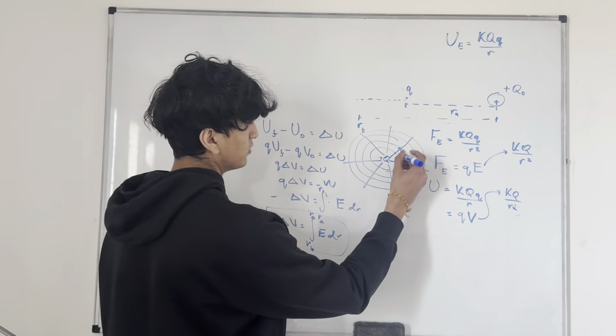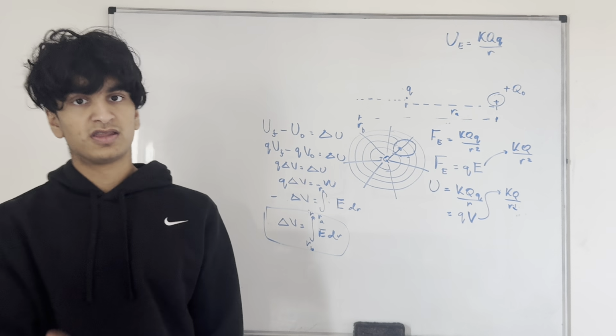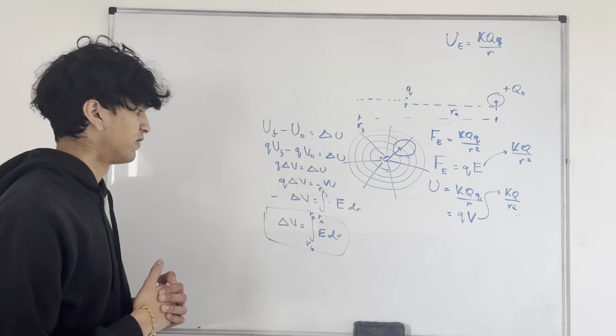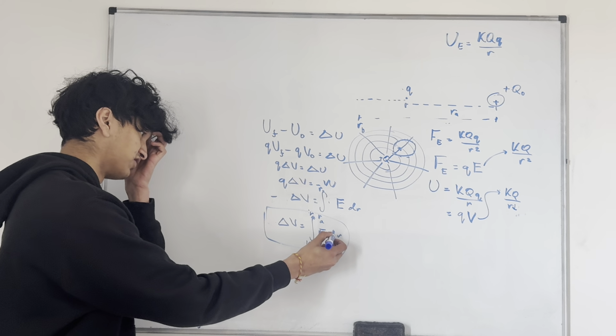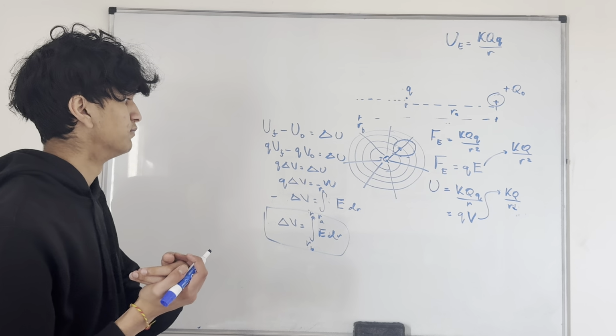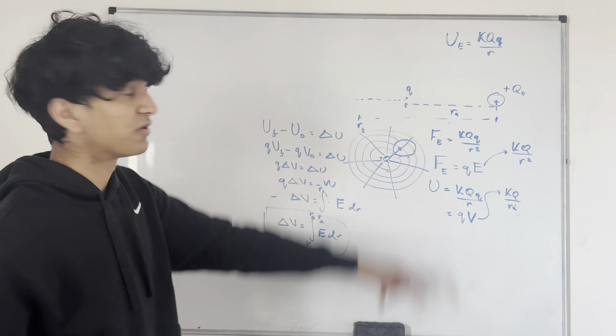If you were to sum up the electric field at this point, this point, this point, and then start subtracting the electric field, because this is a dot product, I should have mentioned, since work is a dot product of the force and the displacement, the angles would all work out and the integral would end up being zero.